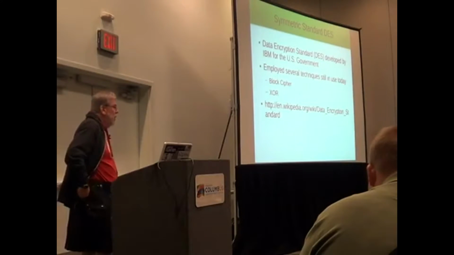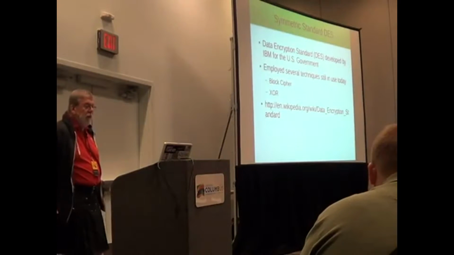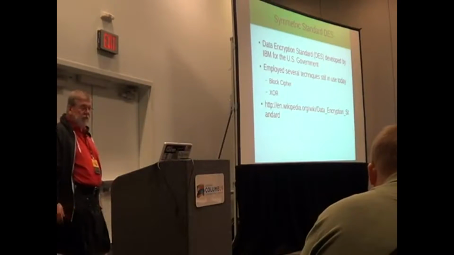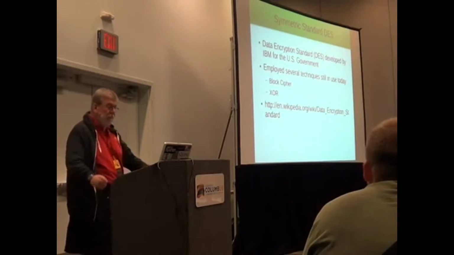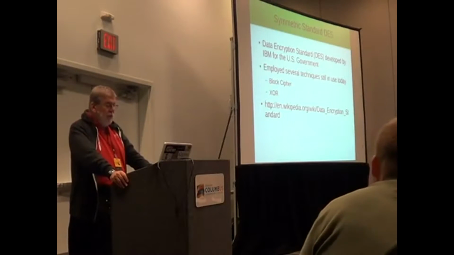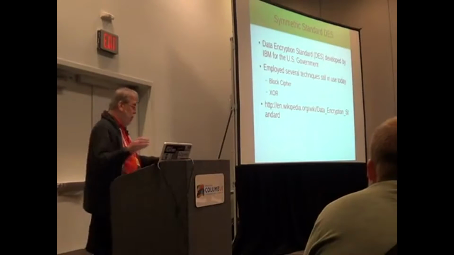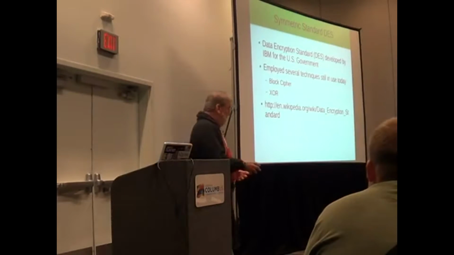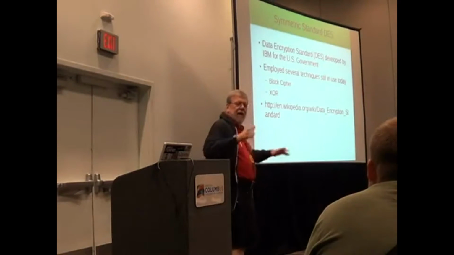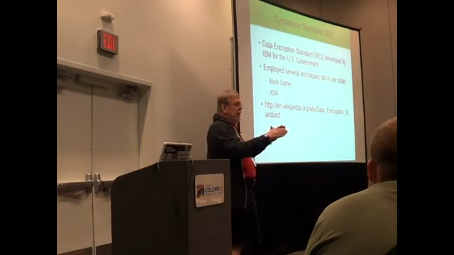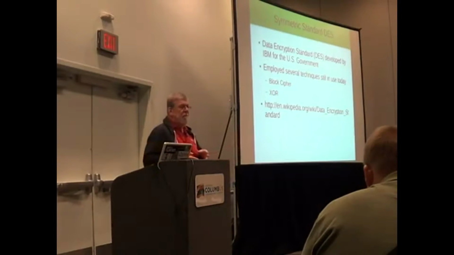Now, there are some standards that have been used over the years. You might have heard of the Data Encryption Standard, DES. IBM developed that under a contract for the federal government. It employs several techniques. Block cipher, and what a block cipher is, you have a key of a certain size, let's say a 256-bit key, and you take blocks that match that and encrypt it one block at a time, rather than, say, a letter at a time.